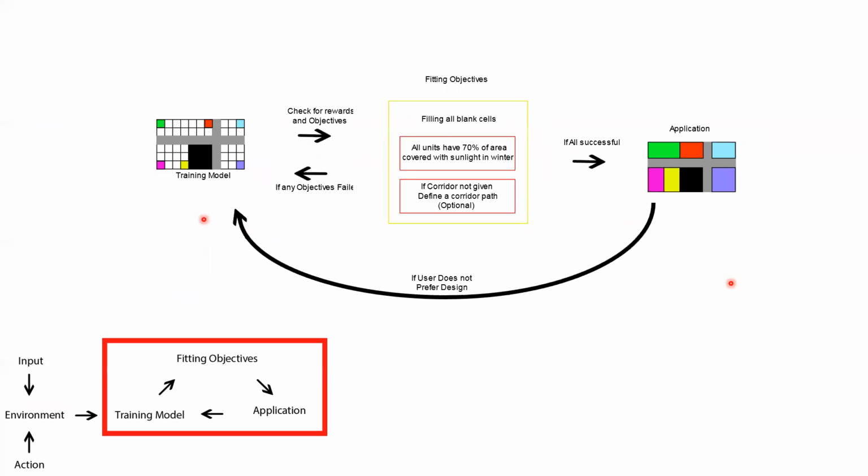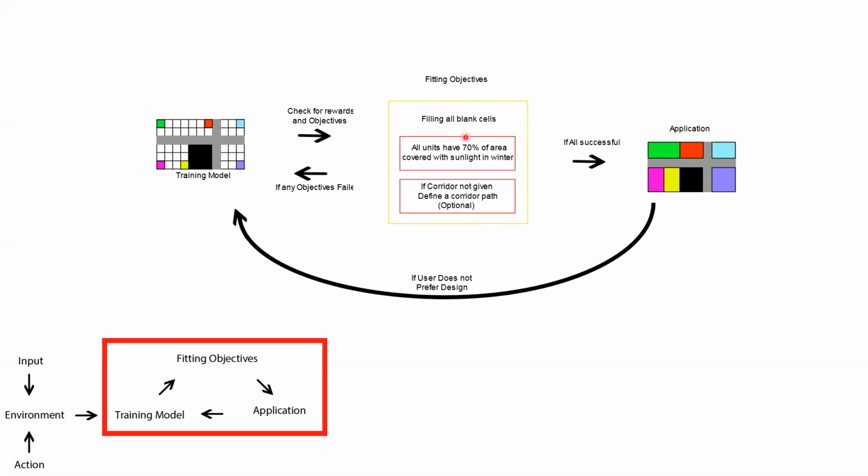Taking a look at the training model, the model will be trained to achieve these 3 objectives. First, filling all blank cells, which has already been achieved. That is just making the agents take over the full board, with 100% land coverage.